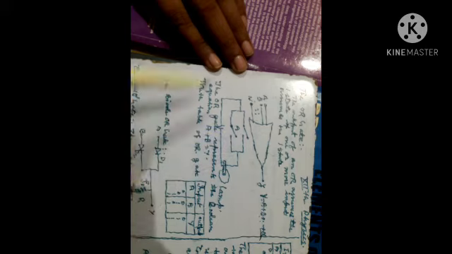Y is equal to A plus B plus up to N, an N-input OR gate. Here I have drawn this figure. Here I have drawn a lamp which gives light. The OR gate represents the Boolean equation A plus B is equal to Y. Here output will be Y.